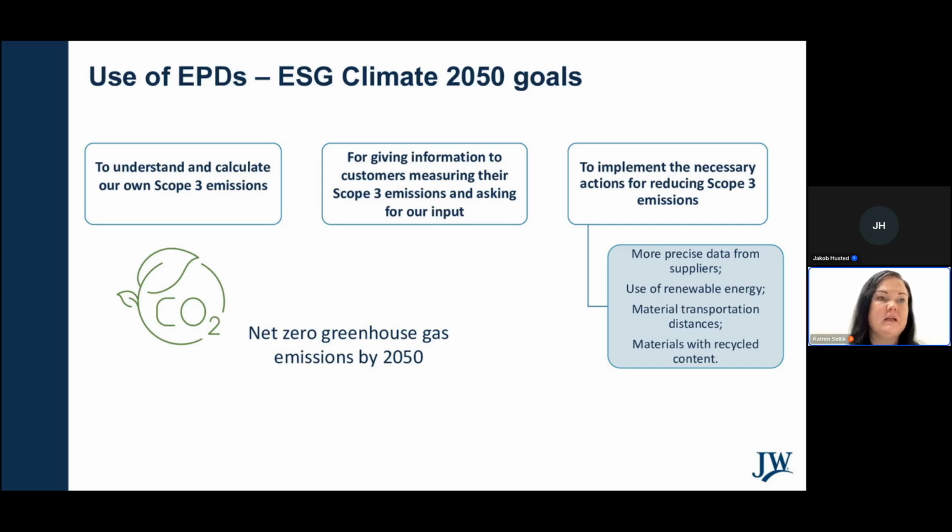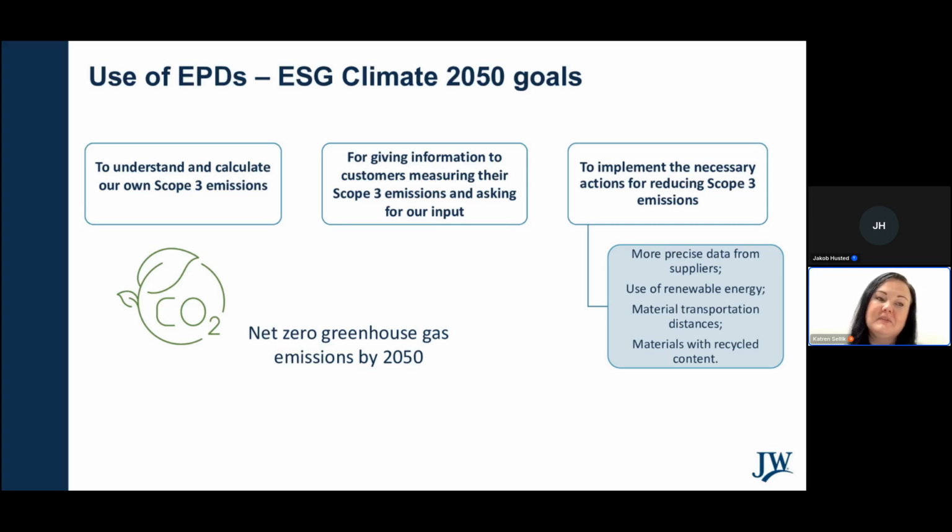We see that if we switch to renewable energy, then we can reduce the scope 3 emissions. At the same time, we also see when modeling the EPDs that the transportation distance of raw materials is important. So we can give a signal to our sourcing team that if they source from more local suppliers, we could get better results.